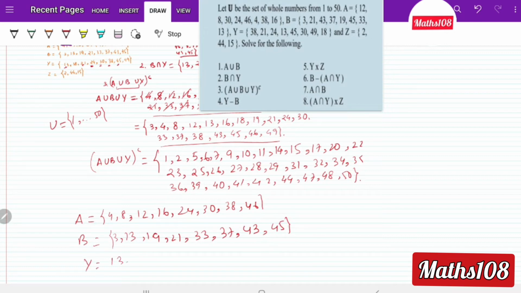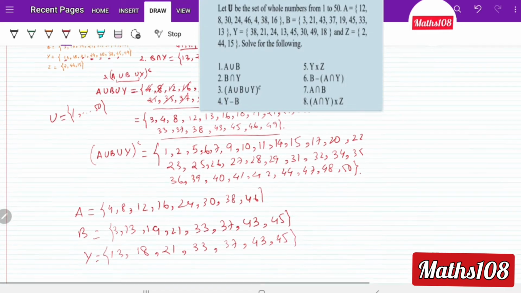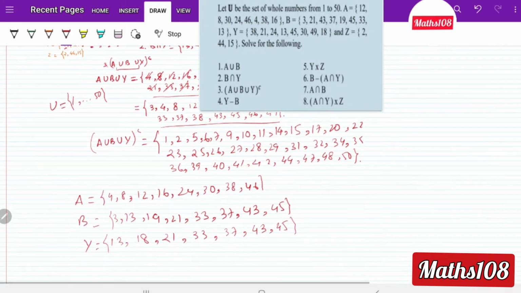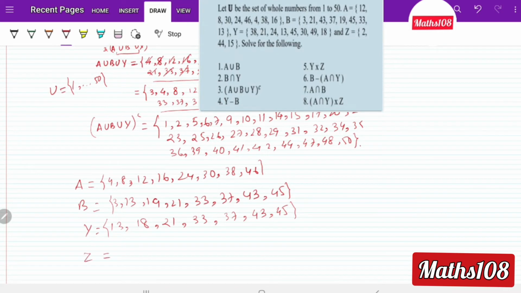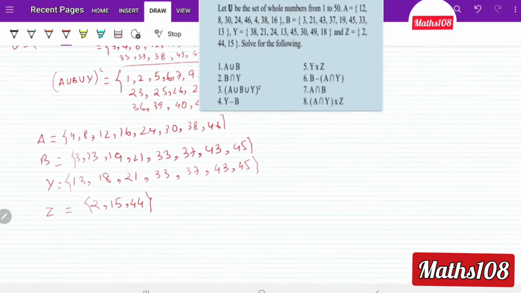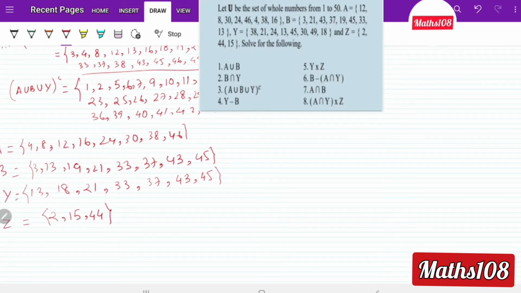Y equal to 13, 18, 21, 33, 37, 43, 45. Z equal to 2, 15, and 44. Yeah, let's set these terms.